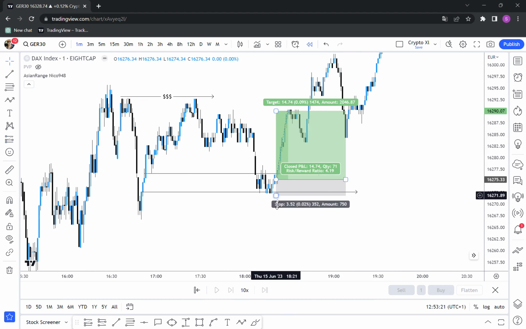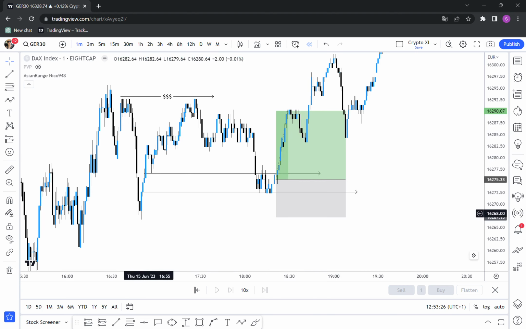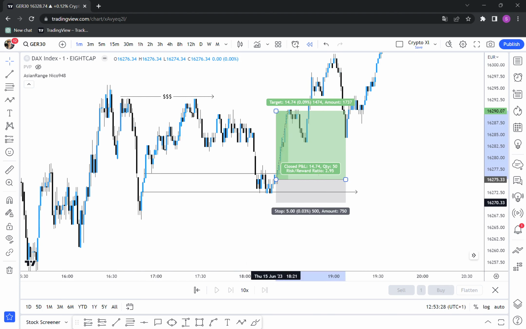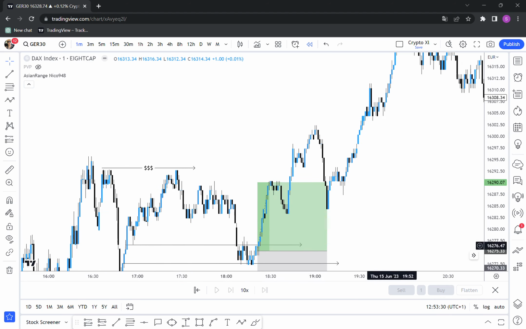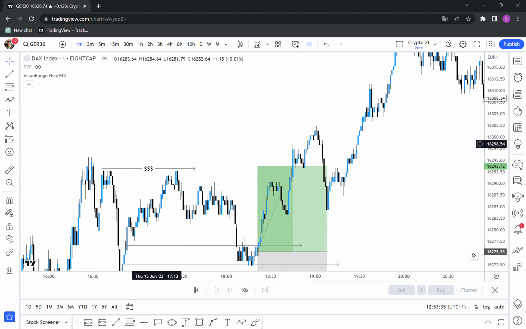Or if you want to be more sure, you can put the stop loss just behind the zone. I recommend you to be more aggressive in order to have a higher risk reward ratio, and put the TP, the take profit, on this liquidity zone.